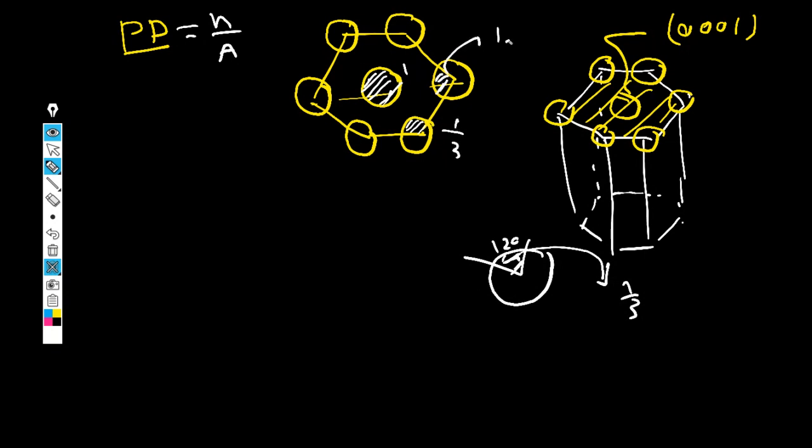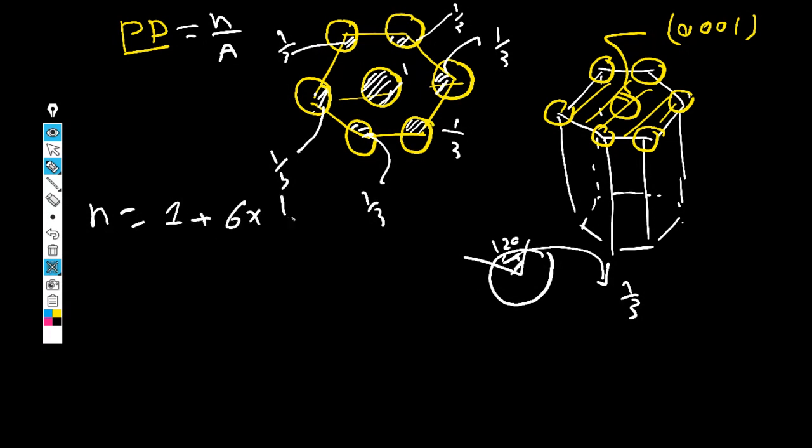This is 1/3, 1/3, and so on. Let me calculate it with you. N is equal to 1 in the middle plus 6 multiplied by 1/3. What does it come to, guys? Total? 3.